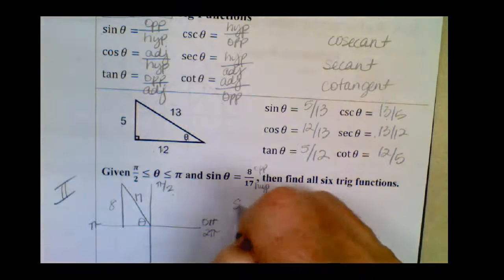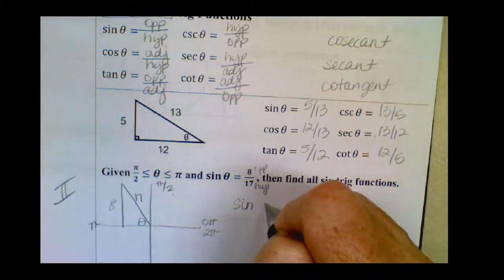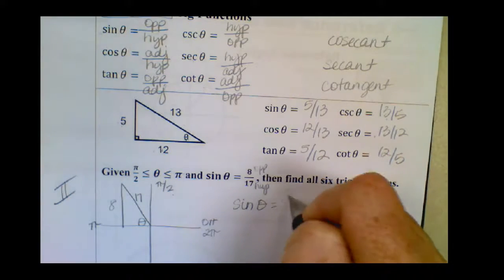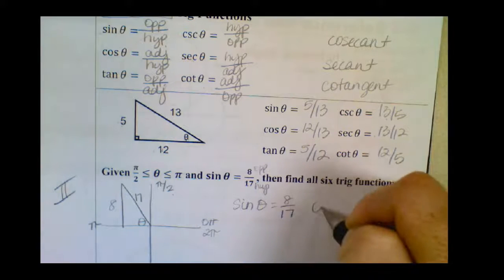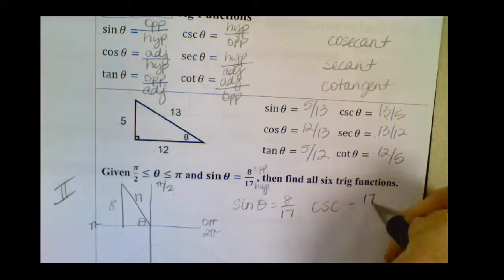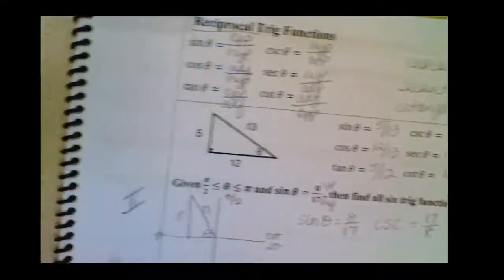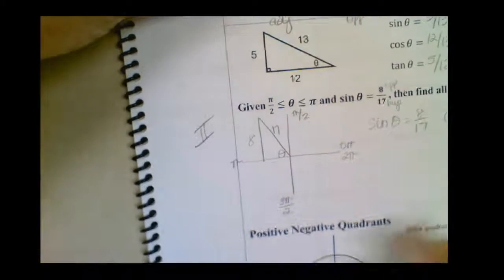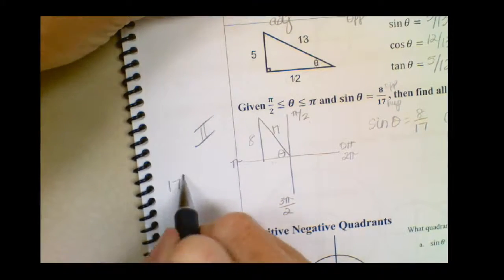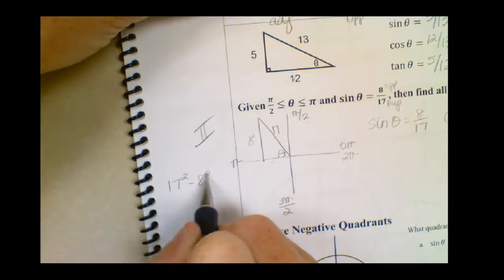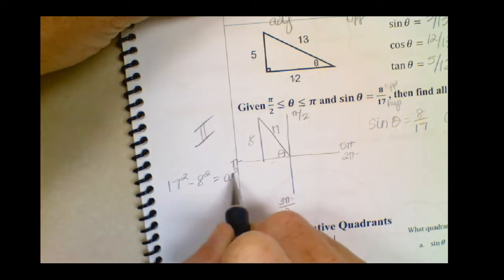So if we have sine of theta equals 8 over 17, then we already know that cosecant is going to be 17 over 8. So that's easy enough. We need to calculate this amount right here. So let's do that real quick. Use Pythagorean theorem, and you could flip it around and do 17 squared minus 8 squared equals a squared.